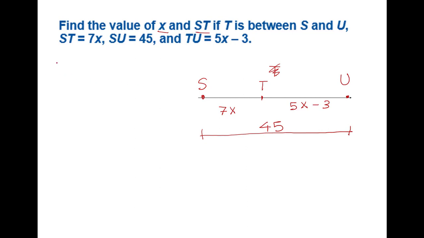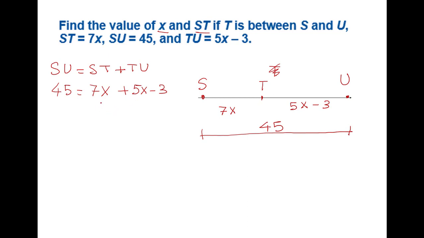First, I'm going to write my equation. SU is equal to ST plus TU. Then I'm going to substitute with the numbers that I have. Now, SU is equal to 45 equals ST, which is equal to 7x, plus TU, which is equal to 5x minus 3.